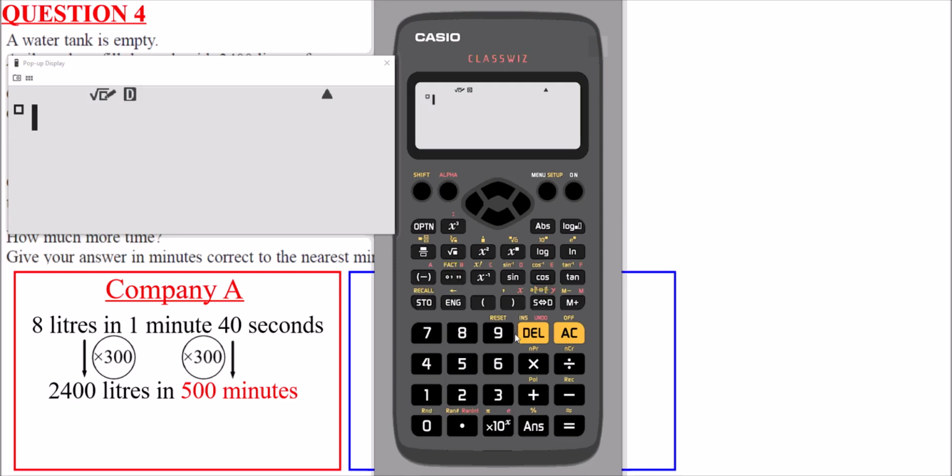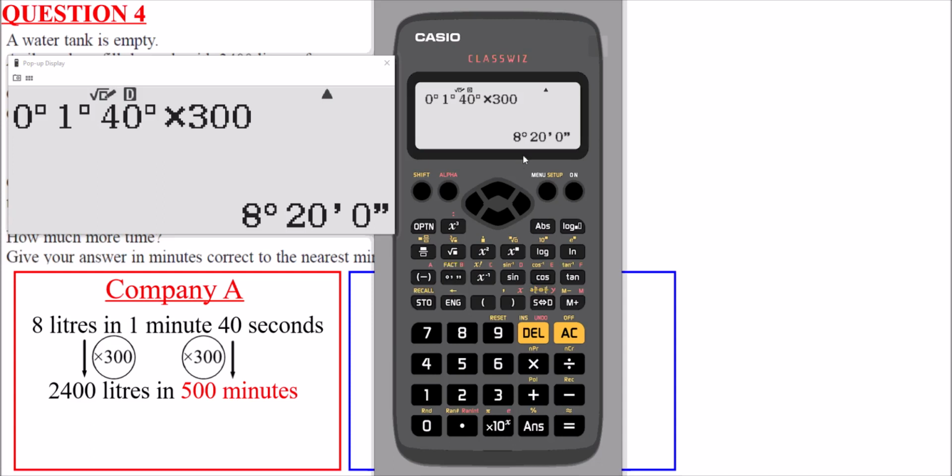So if we type in 0 hours, 1 minute, then 40, then multiply that by 300, we get 8 hours, 20 minutes, which again you could convert into minutes. 8 times 60 is 480 minutes, plus 20 is 500.